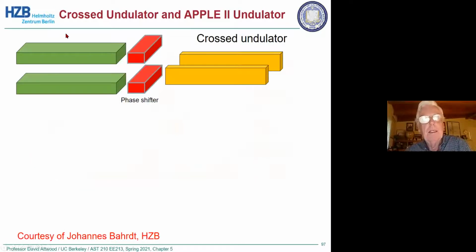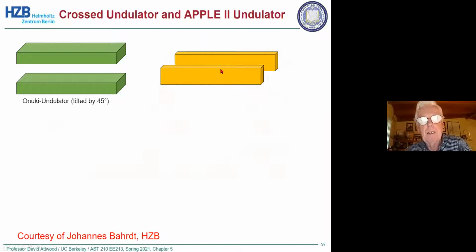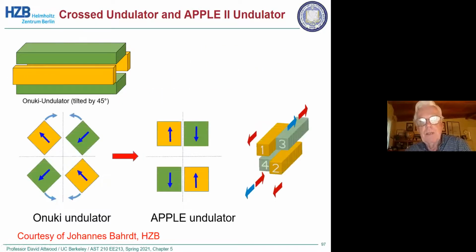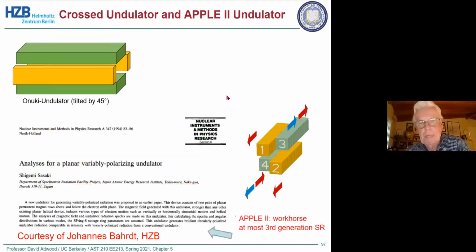And here is the crossed undulator and the Apple II undulator. Okay, that's how they seem to work. So this gives you some idea. This is a Japanese invention by Sasaki-san, and it's showing that by moving the different magnetic components, you can get whatever polarization you want, and they are used throughout the world.